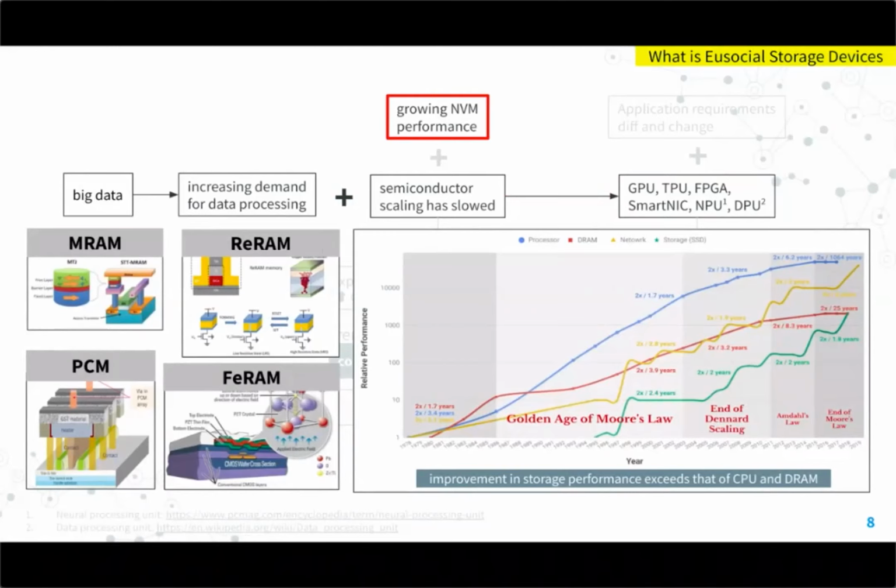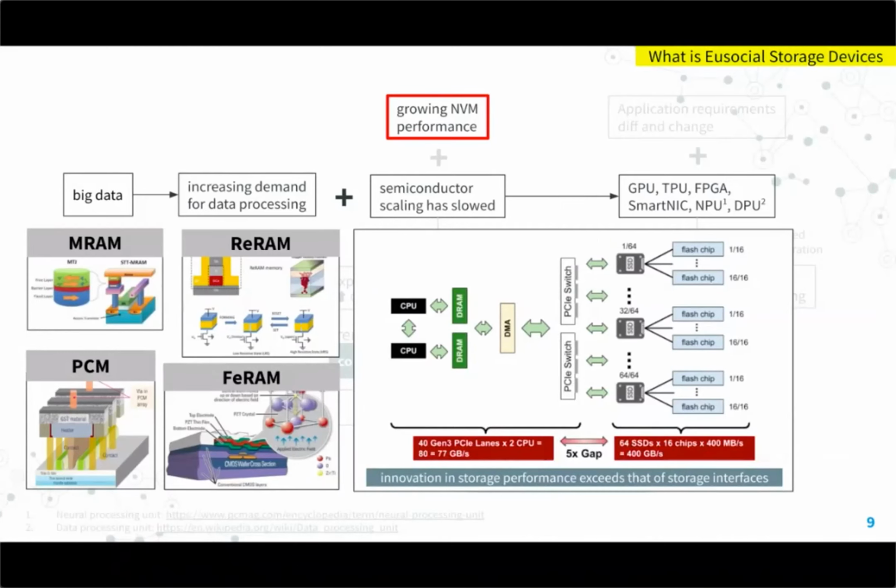We have seen that the performance improvement in storage devices has already exceeded the performance improvement in CPU and DRAM. Not just that, the storage interface is becoming the bottleneck of accessing storage performance from the device.